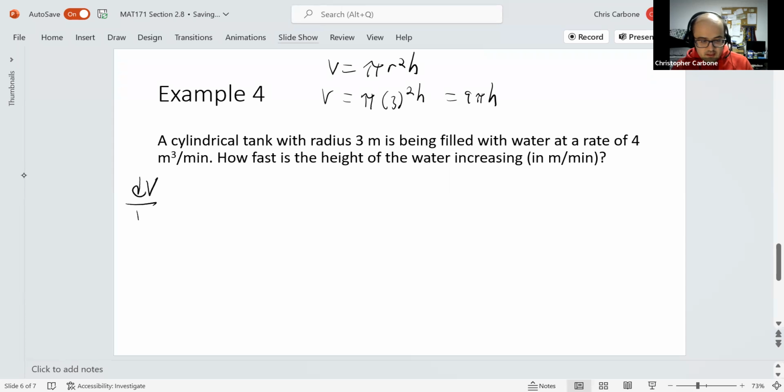The derivative of V with respect to t is the derivative of V with respect to the height times the derivative of the height with respect to t.